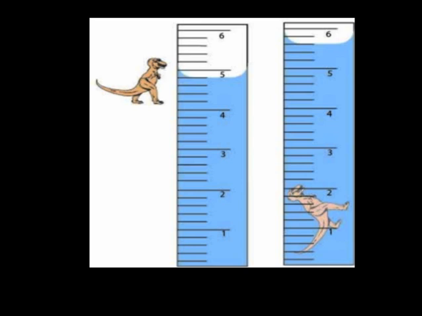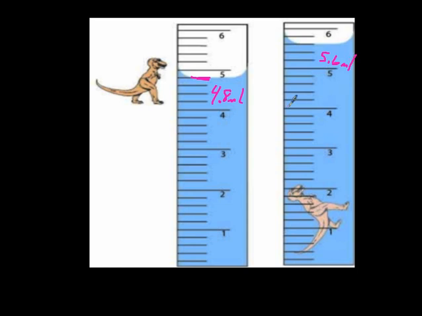So if we want to know the volume of this dinosaur, we would record our starting level as 4.8 milliliters. These are all worth 2 because there's only 5 of them in here. After we drop the dinosaur in, it goes to 5.6 milliliters.